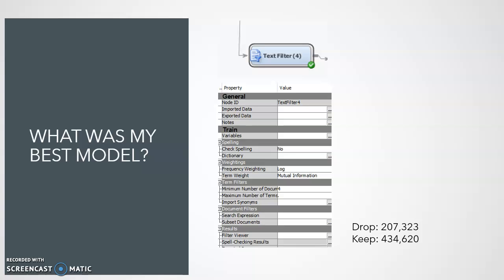And when I ran this with my results, I actually dropped 207,323, and I actually kept 434,620 words. So obviously with words, I did a text review instead of numbers.